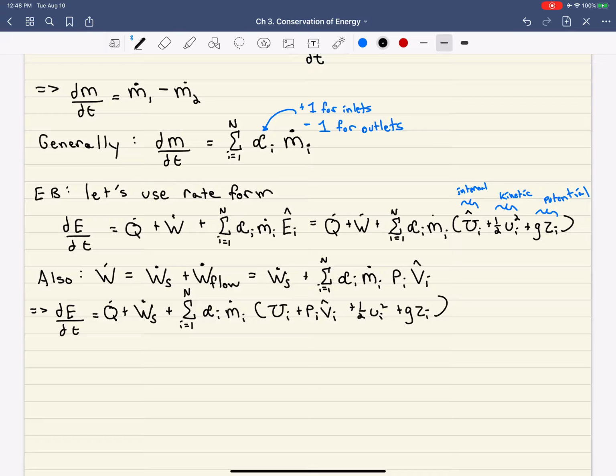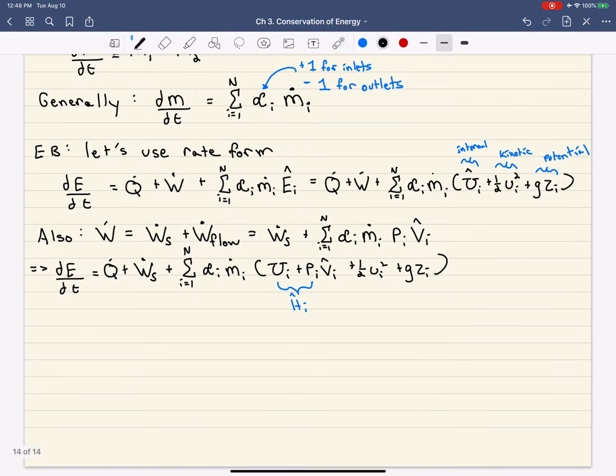Okay. Now if we look closely, what we end up having here is a u_i plus a P_i V_i, and that is basically just our definition of enthalpy. So we could rewrite our energy balance in terms of enthalpy now on the right hand side.